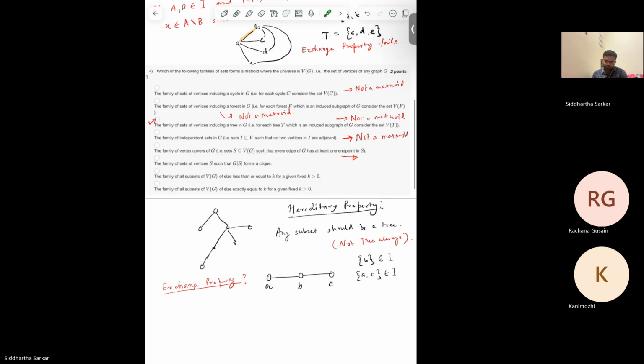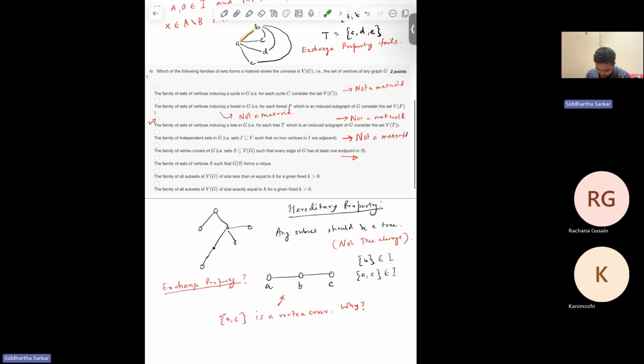That need not be true. So consider this graph. So A and C is a vertex cover, isn't it? So in this graph, A comma C is a vertex cover. Why? Because this edge is covered by A and this edge is covered by C. So you might say that B is also a vertex cover.